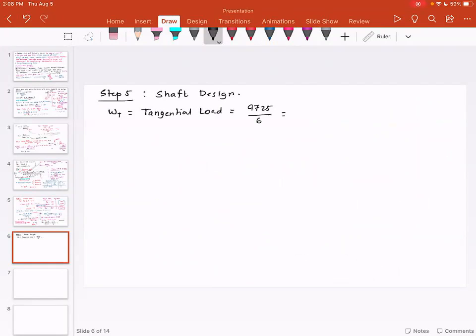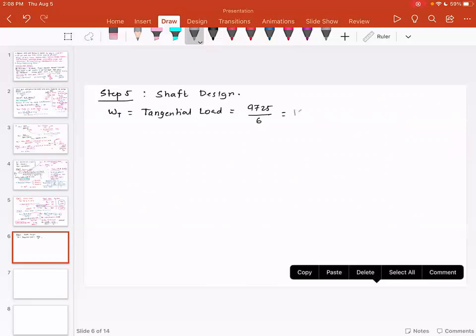Now, what I want to do is find out the values of the radial load and the axial load. So this is 1621.